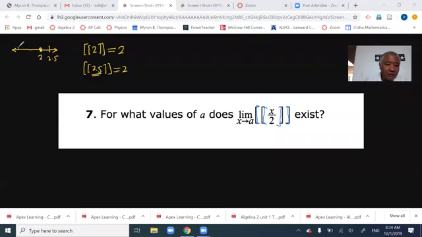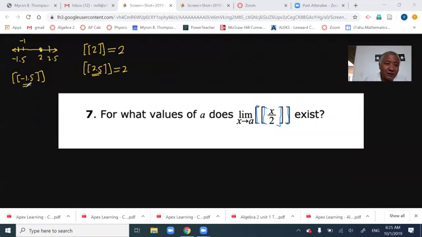Now, a little bit more challenging: for example, negative 1.5, which is between negative 2 and negative 1. If they ask for the greatest integer function of negative 1.5, you're looking for the integer less than or equal to negative 1.5, as big as possible.